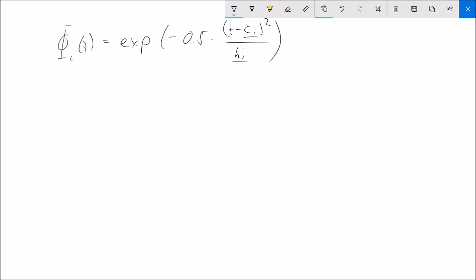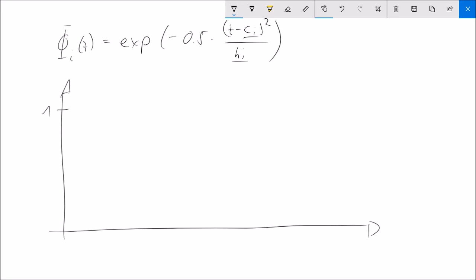So let's have a look at our graph. We have here a 1, and here also a 1. This is z, and this is theta i of z.